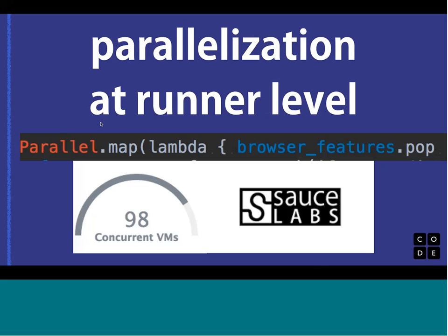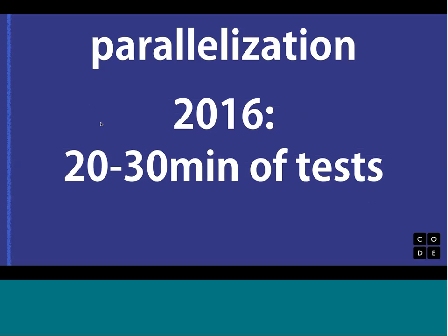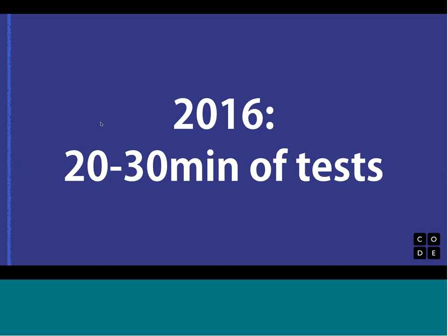Our tests are way down. This is using the Ruby parallel library, and with Sauce Labs you can configure it to have more concurrent VMs. So we were able to run these in parallel now. Oftentimes they'll end up somewhere between 20 and 40 minutes, way down from before, and actually we have way more tests than when we started this.